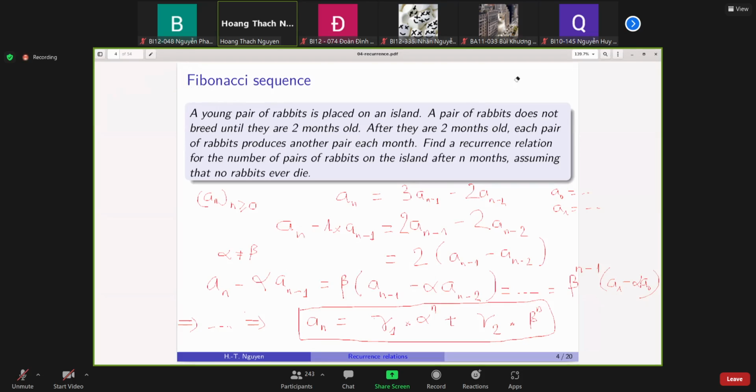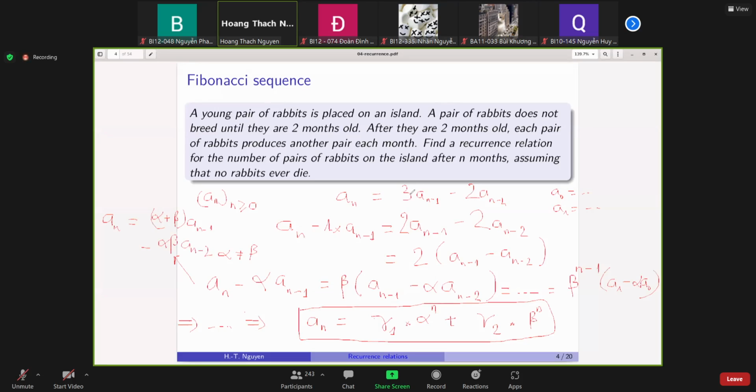So if you rewrite this, it will give you a_n = (alpha + beta) a_{n-1} - alpha beta a_{n-2}.